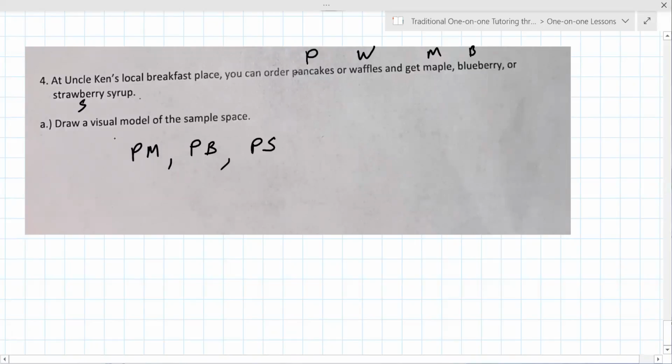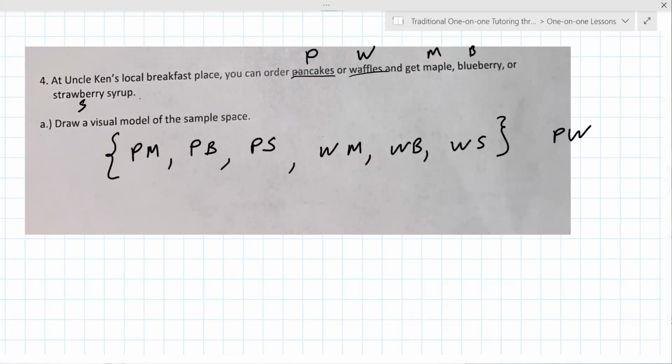What we are creating here is the sample space, all these options. The next ones are waffle with maple syrup, waffle with blueberry, waffle with strawberry. Now notice I excluded PW. PW is pancakes and waffles.